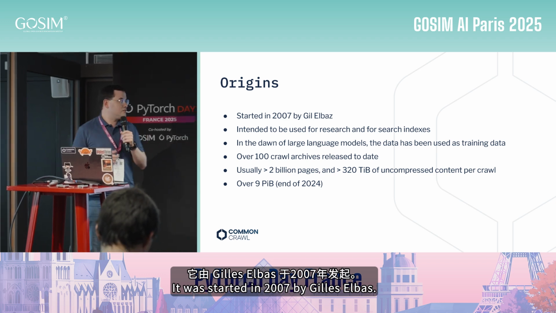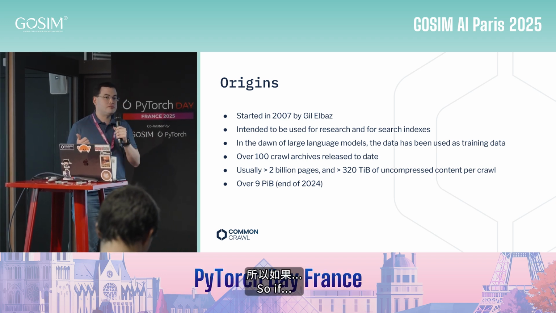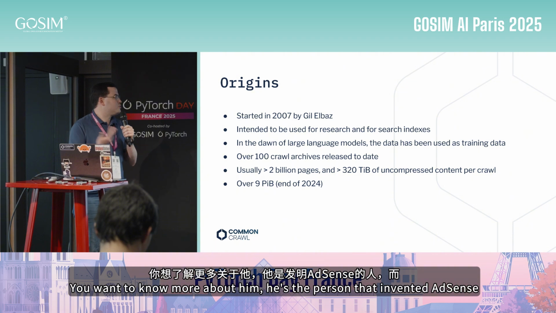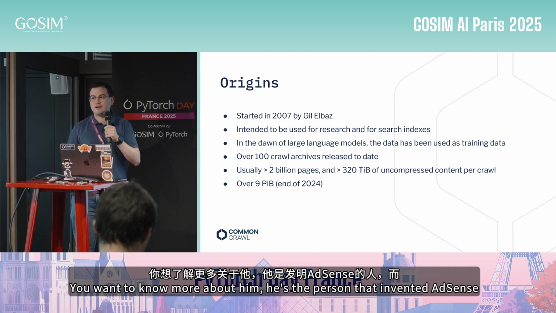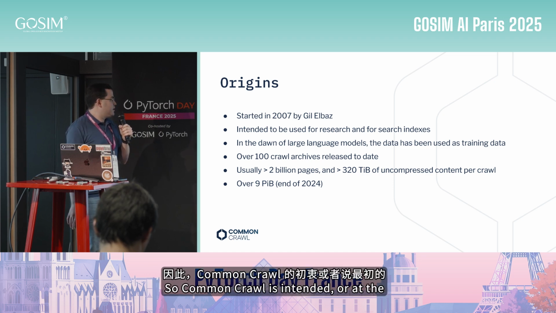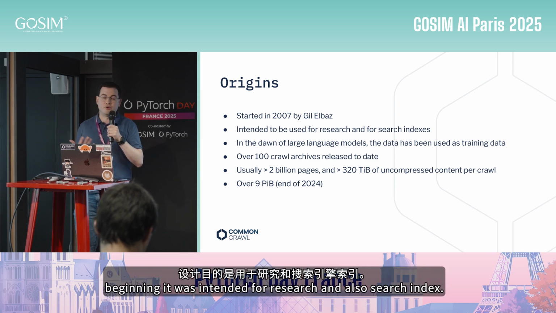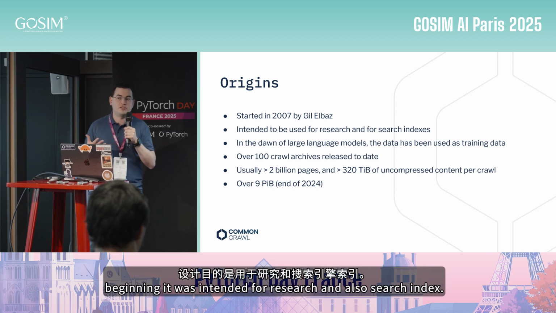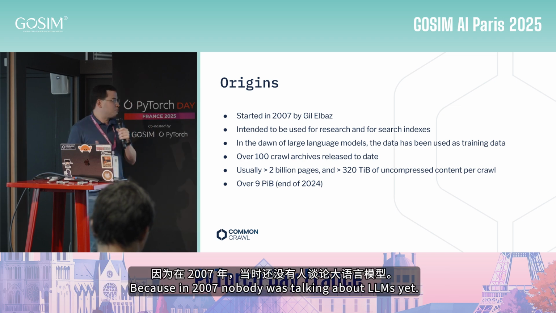It was started in 2007 by Gilad Elbaz. If you want to know more about him, he's the person that invented AdSense, which is used today for running ads at Google. Common Crawl was intended, at the beginning, for research and also search index, because in 2007 nobody was talking about LLMs yet.